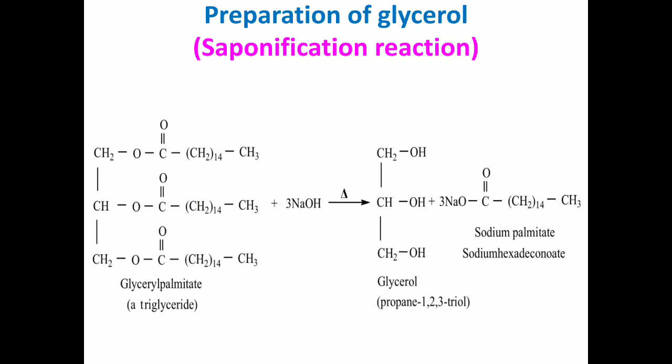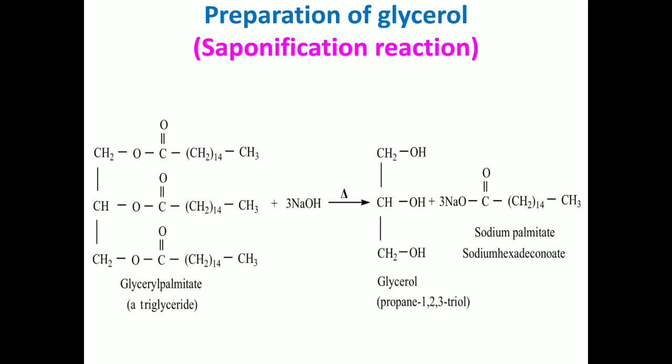Next, preparation of glycerol. Glycerol occurs in many natural fats, and it is also found in long chain fatty acids in the form of glyceryl esters. The alkaline hydrolysis of these fats gives glycerol, and this reaction is also known as saponification reaction.